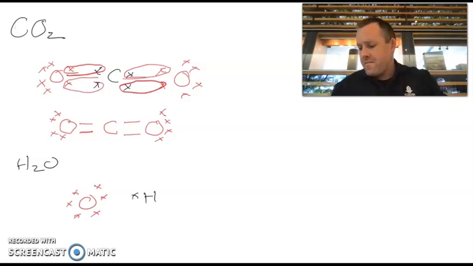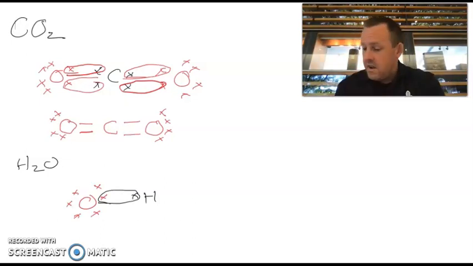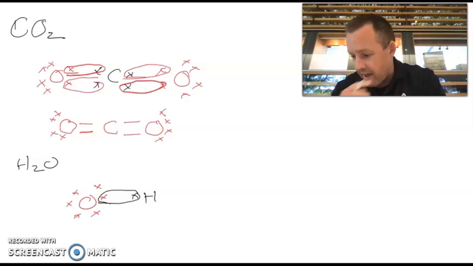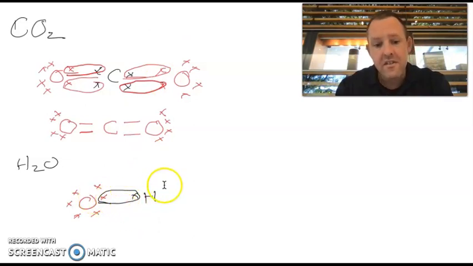Now, hydrogen only needs 2 valence electrons to be full, so it will share its single valence electron with one of oxygen's. Doesn't really matter at this stage, like you're in year 10, you don't need to know about electron shell repulsion theory and stuff like that to know shapes. You'll learn that next year. But hydrogen will come in and it'll share 1, and now hydrogen has 2 valence electrons.